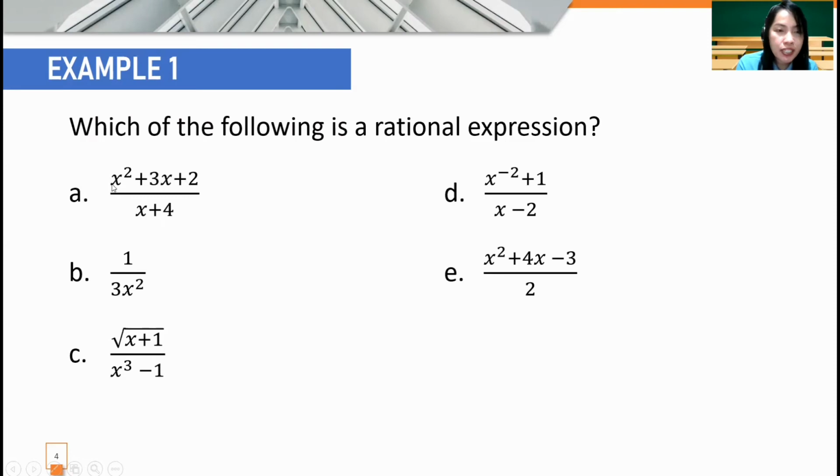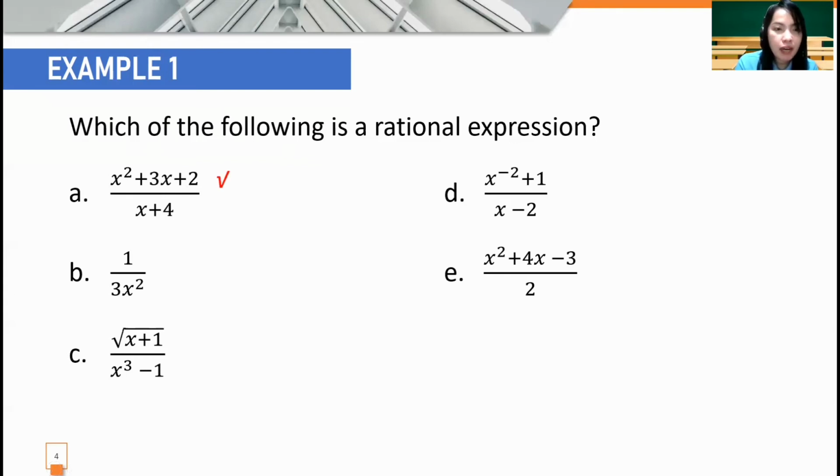Let's have the first variable x in the first term. In the numerator, we have 2. 2 is a positive integer. The second term, 3x. The exponent of x in the second term is 1. 1 is a positive integer. And 2 is also a polynomial. So, in the numerator, that is a polynomial.